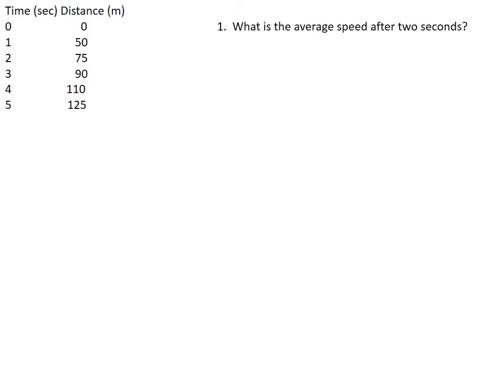Okay, so this problem is using the data from the graph in the previous problem, but what it's asking you to do here is simply calculate speed. This is a simple math problem, and we're going to use the time of 2 seconds. To do a math problem, we need our equation. So speed is equal to distance divided by time. The distance here for 2 seconds is 75 meters.